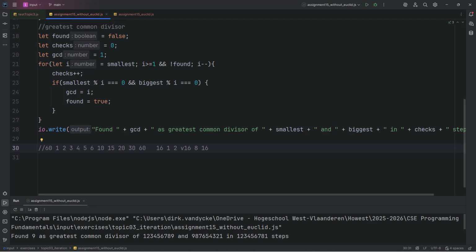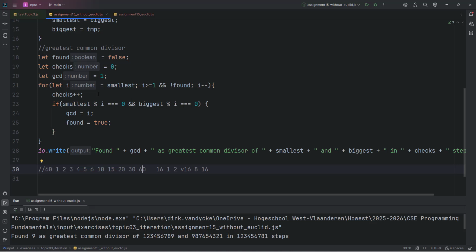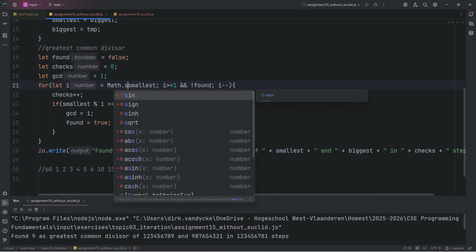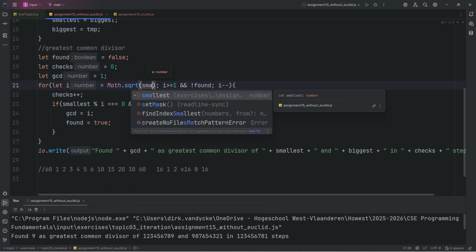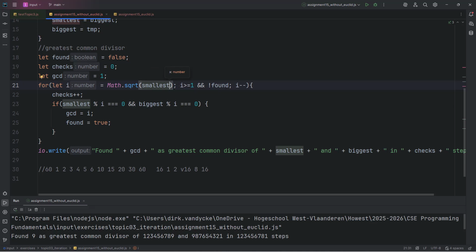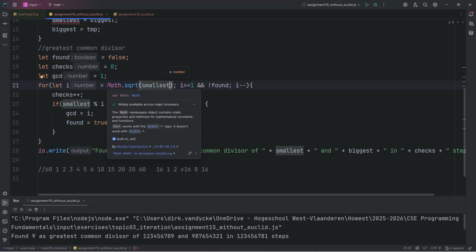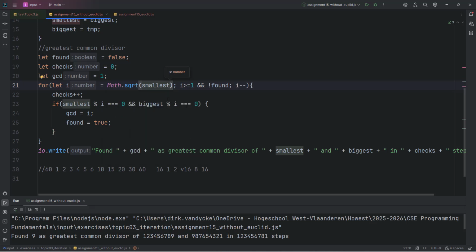Okay, so let's try and cope with this first. I will only have to go to the square root of smallest, and Math has a square root, SQRT. So I will only start at the smallest one's square root. Let's see if I get into trouble, because square root will be a floating point number, of course.